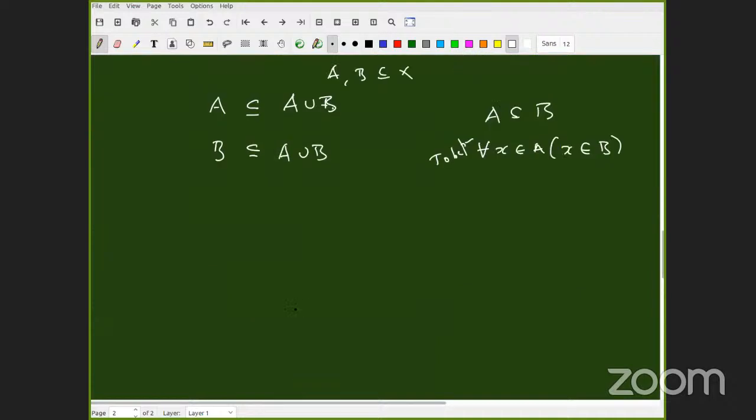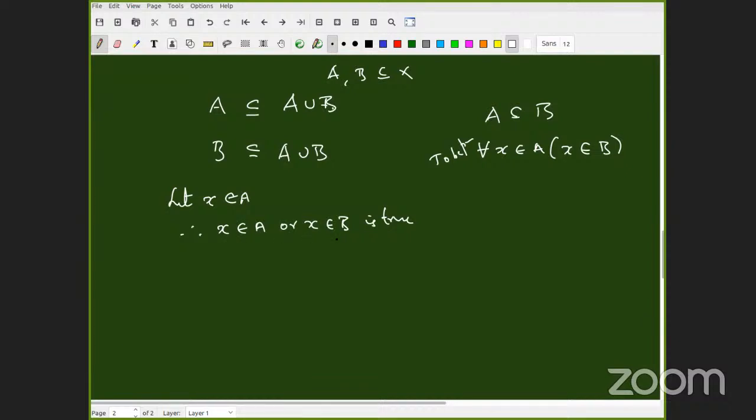So let's write it down. Because A union B means x belongs to A or x belongs to B. Now x belongs to A. Therefore, what is true? x in A or x in B is true. When will this statement be true, if it is made up of two statements combined by or?